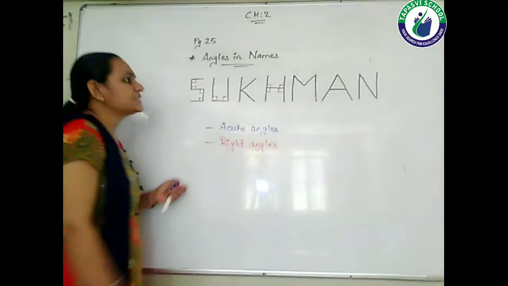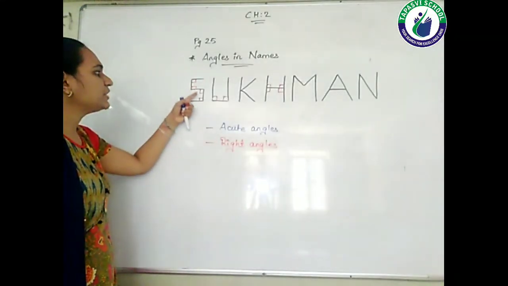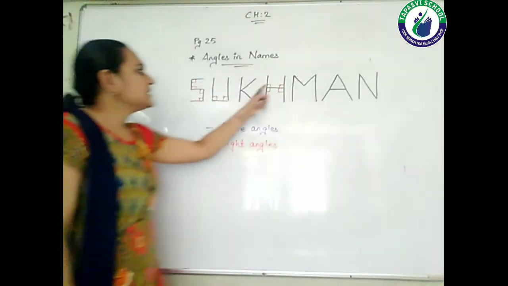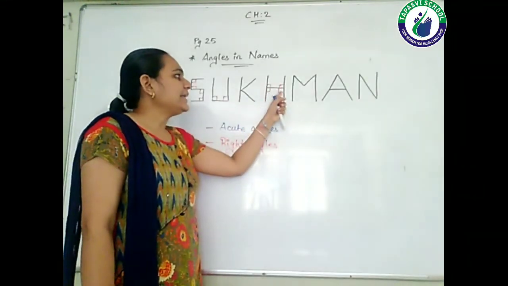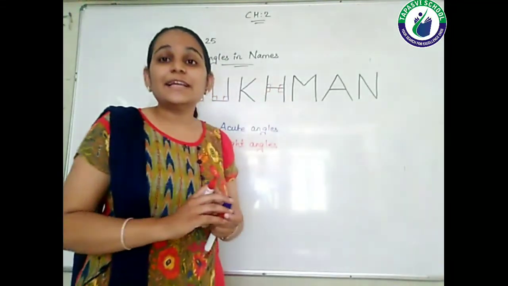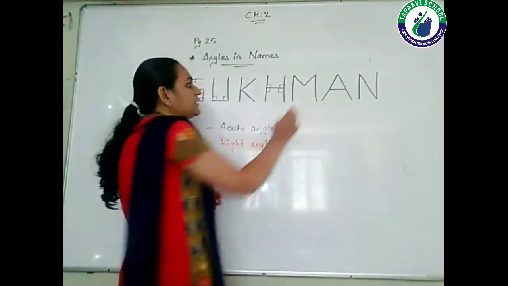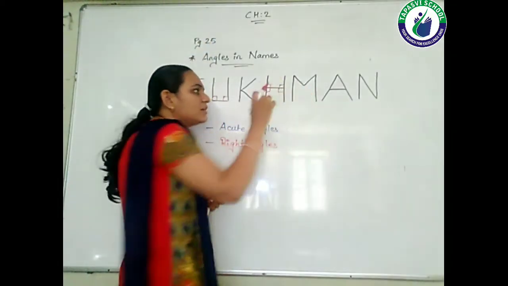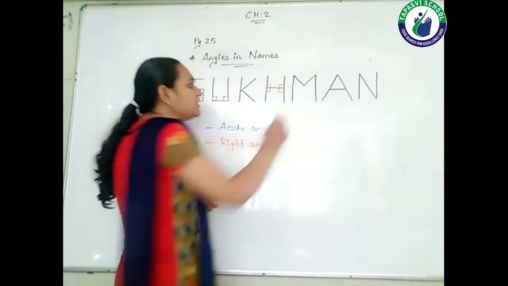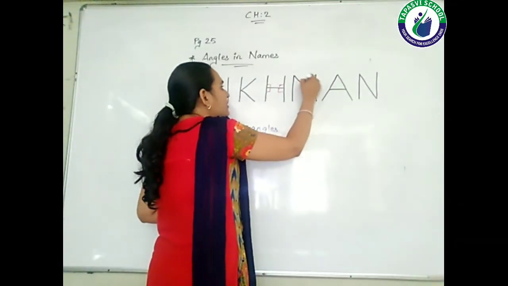So total, students, till now we have got 1, 2, 3, 4, 5, 6, 7, 8, 9, 10, and the last one is remaining, that is in the M. See here the point where these two lines are meeting. So here, students, the right angle will be formed.